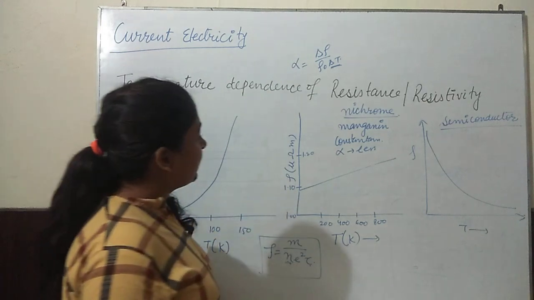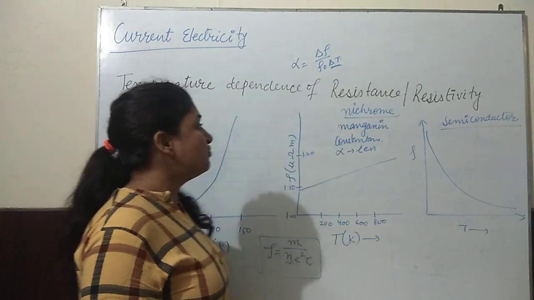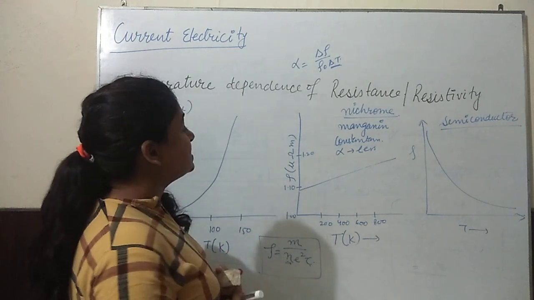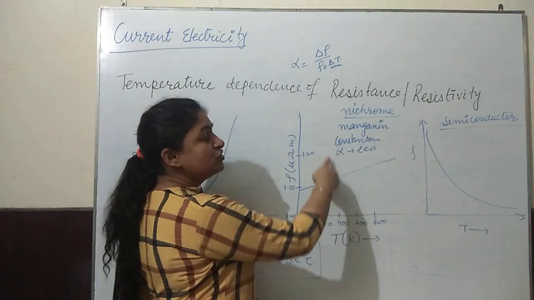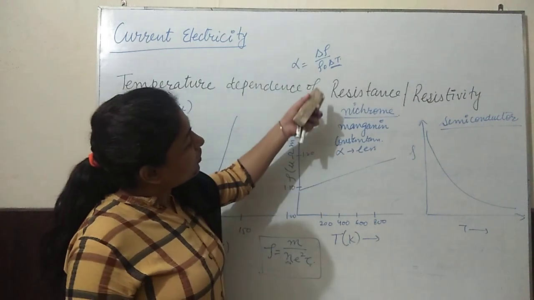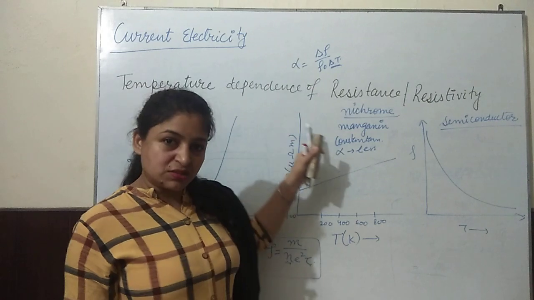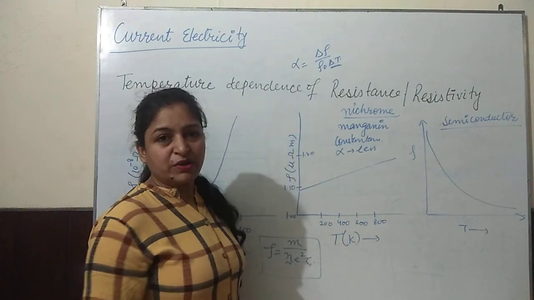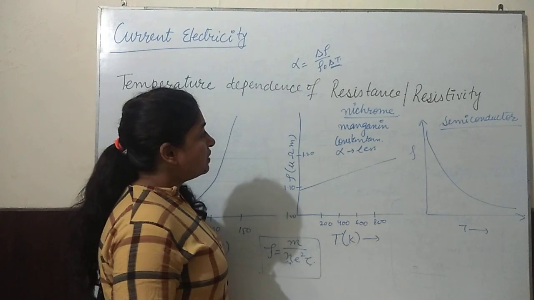So that is why we use alloys to make the standard resistance coils, and this material is also used for making the potentiometer wires, because we want that if we are using any resistance coil, its resistance should remain constant for one particular experiment.